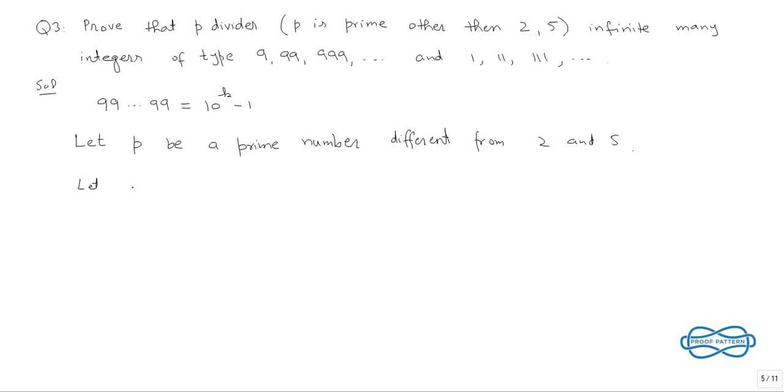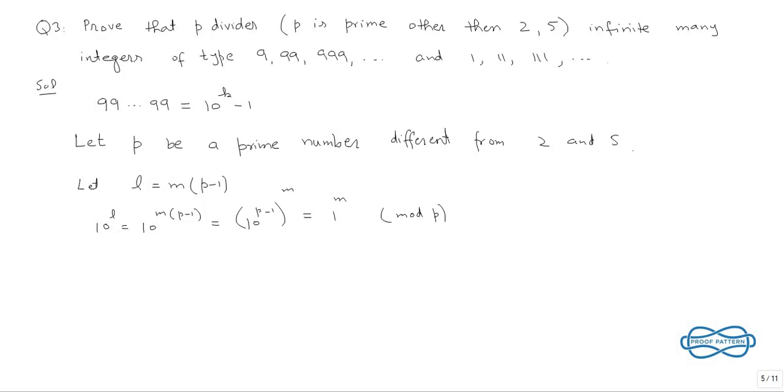Let an integer L be equal to m into (p minus 1). Now we take 10 to the power L, and of course L is equal to m into (p minus 1). So 10 to the power (p minus 1) into m is congruent to 1 mod p. This is Fermat's little theorem, which we will study in the coming videos.